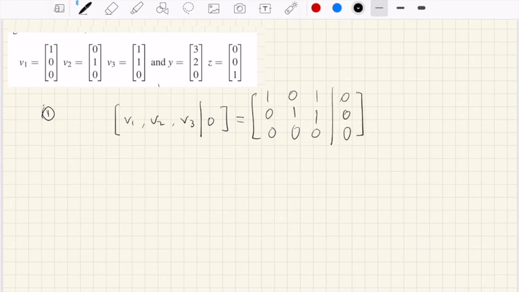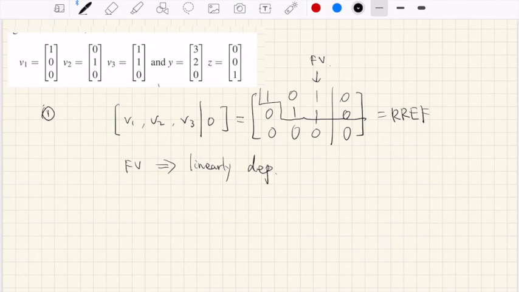This is immediately a form of RREF, and we find that this is a free variable. If there is a free variable, then this has more than one solution. And if there are many solutions, then we can say they are a linearly dependent set.